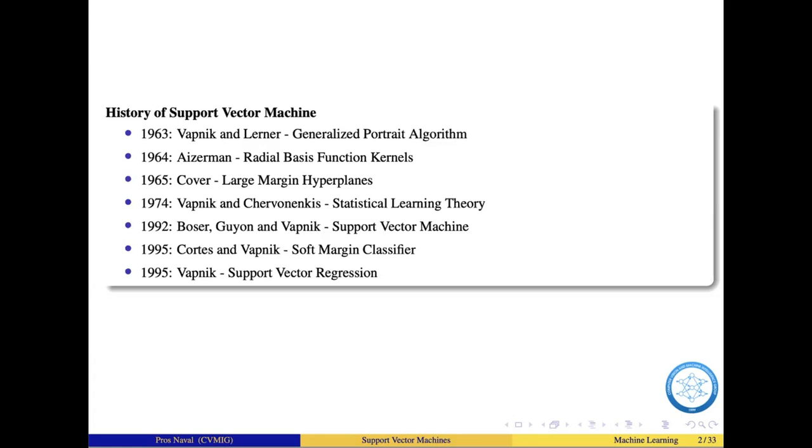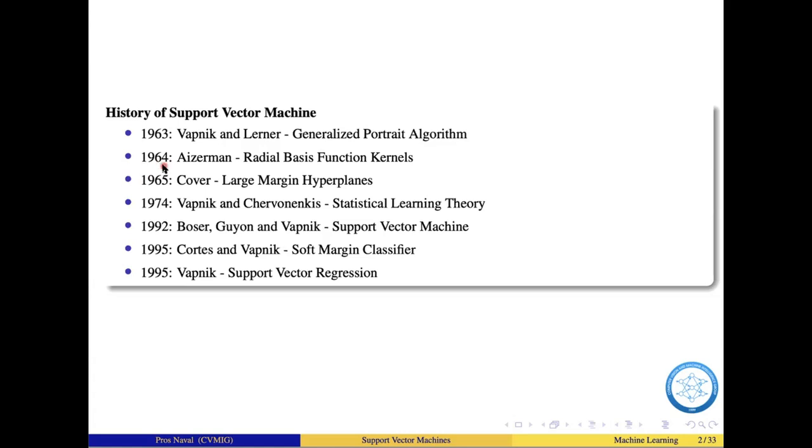And the Americans and the rest of the world can't read Russian, so they just didn't learn that there was also progress in Russia at that time. So SVM is the linear version of the generalized portrait algorithm.